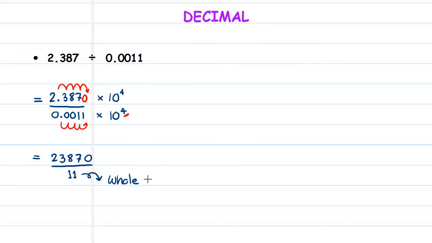The next step is to divide them normally. Here we have 23870 divided by 11. Alright, so first we will get 2, and this is gonna be 22. 23 minus 22 will give us 1, and now we can pull down the 8.